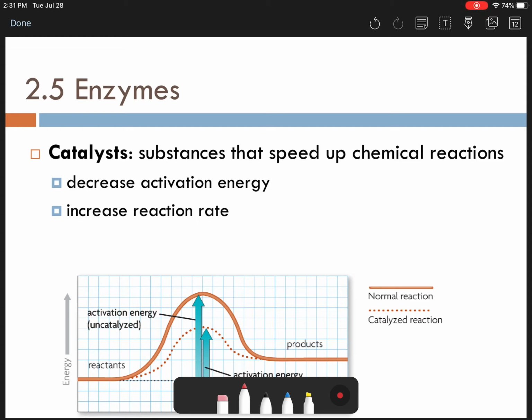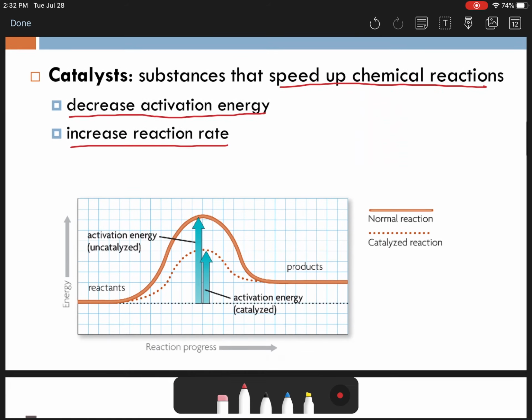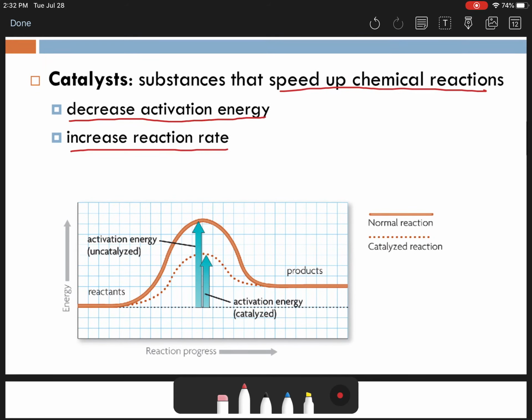Enzymes are biological catalysts. What that means is that they can speed up chemical reactions. They do that by decreasing the amount of activation energy that's needed, and in doing so can increase the reaction rate.